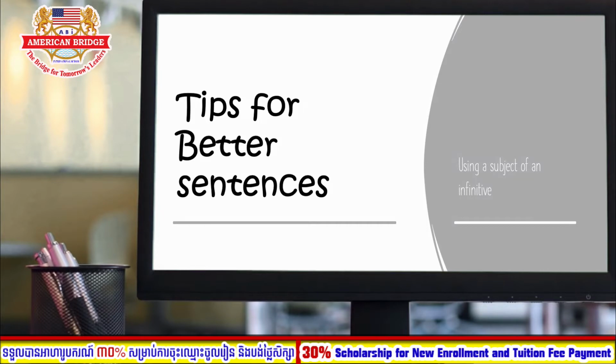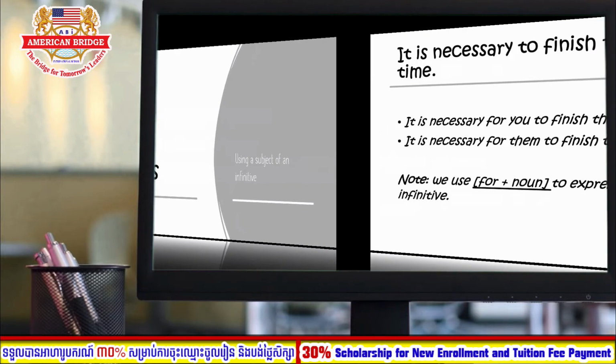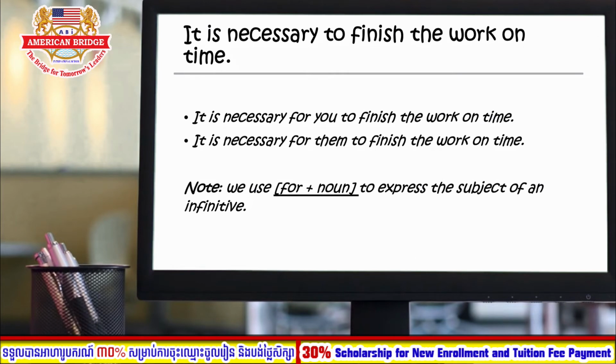According to our book, you need to use a subject of an infinitive to make sure your sentence looks much clearer and better. If you look at the example here, it is necessary to finish the work on time. So this is the original sentence.